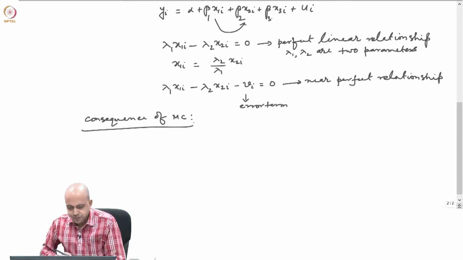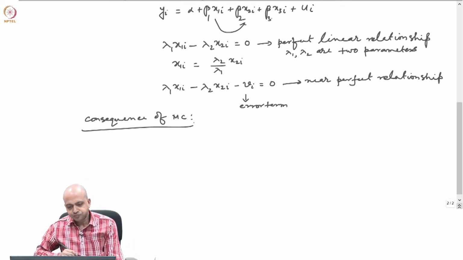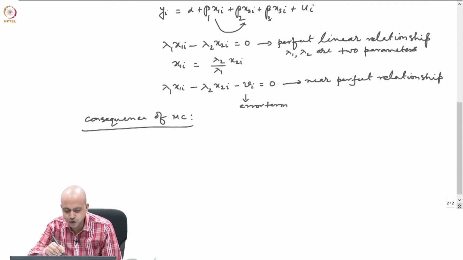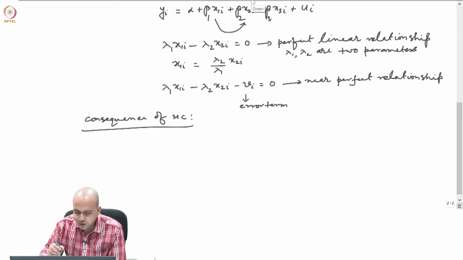So when I say that x1i equals lambda 2 by lambda 1 x2i, I can easily substitute the value of x1i into the original equation.